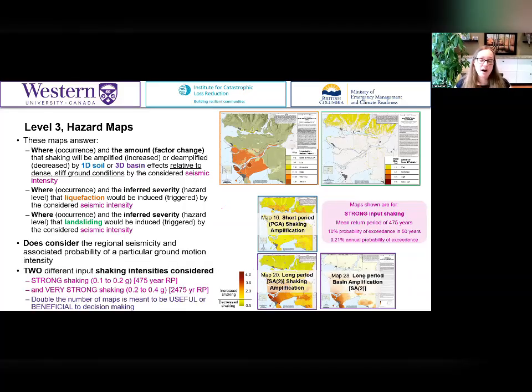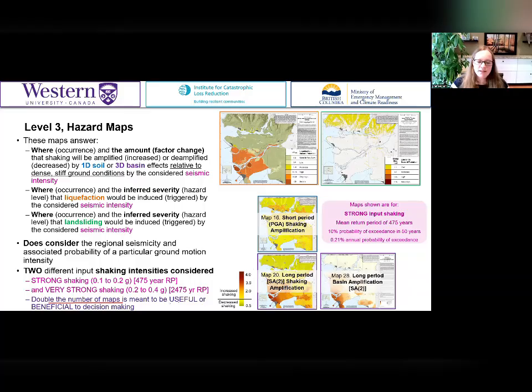So finally, we are considering what earthquakes are happening, the frequency at which the shaking intensity would be reached, the probability basically, and we choose these two different input shaking intensities. And in hindsight, we doubled the number of maps essentially, which is kind of a horrible communication exercise or helps with confusion.